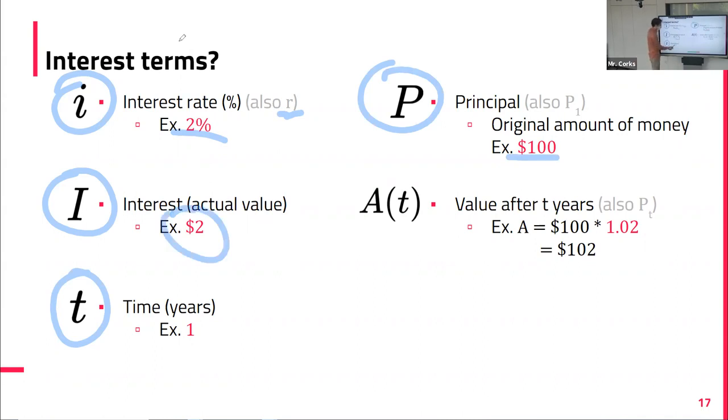And if we're thinking after 1 year, then the total value of that thing we would calculate like this: 1.02 times 100, and we get our value. So the original amount of money plus the interest dollar value gives us our total. We'll have the actual formal formulas for this in a moment, but these are the different parts that we will need.